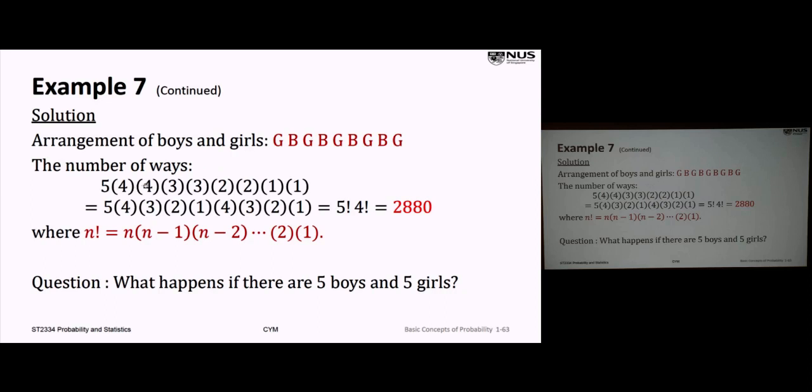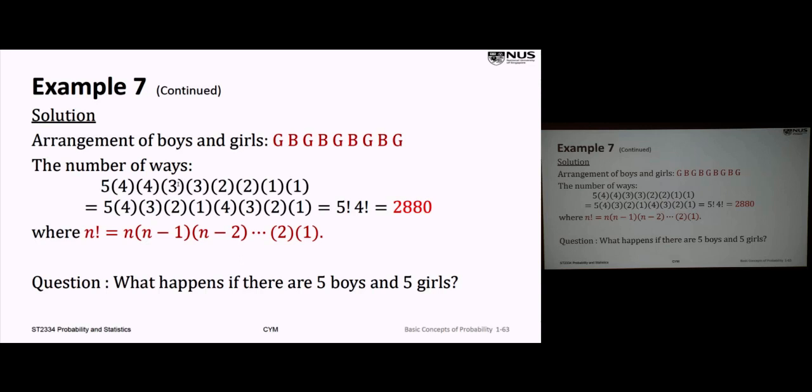That's the second 4 here. Now I have a boy. I had 4, I've lost 1, so I've got 3 possible choices of this boy.